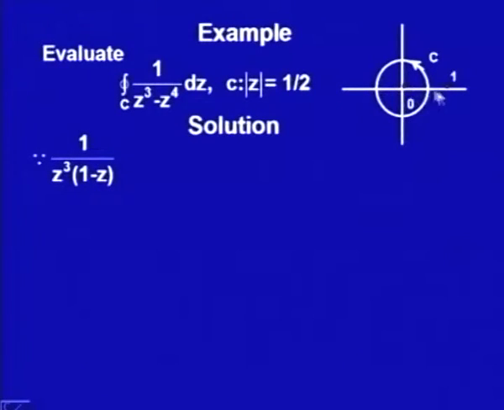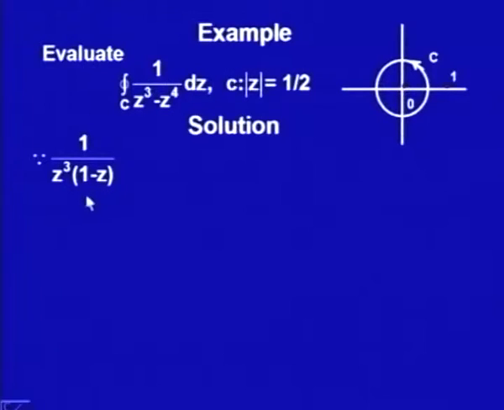Now z equal to 0 means the origin, and z equal to 1 is the point on the real axis. My contour is mod z equal to half, that is the circle with radius half. So certainly the singular point 1 is outside my region of interest. Inside the contour is only one singular point, 0.